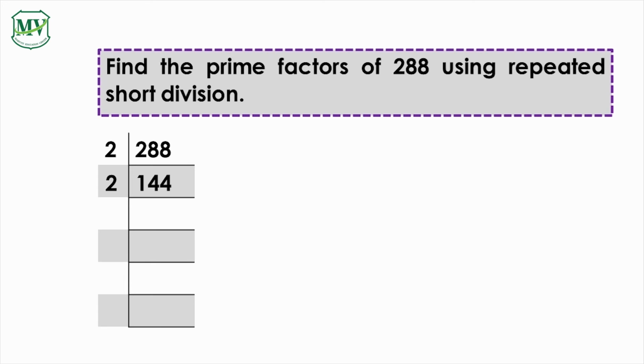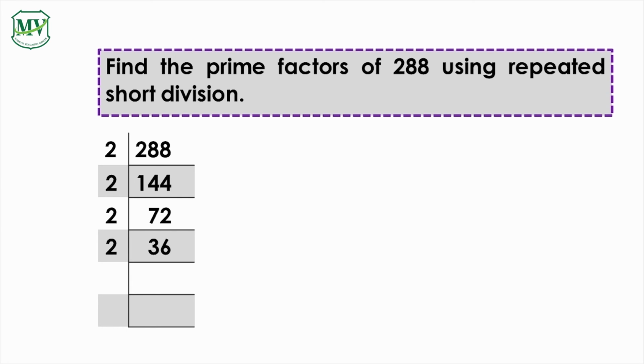That's fast! 2 can divide 144. So, 144 divided by 2 is 72. 72 can still be factored out. So, 72 divided by 2 is 36.